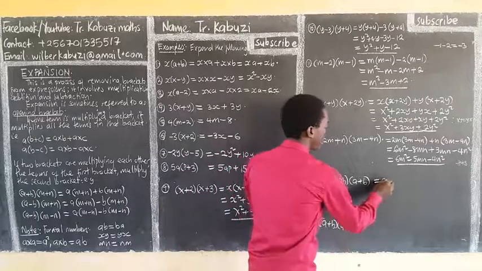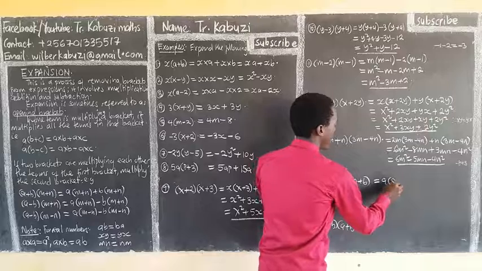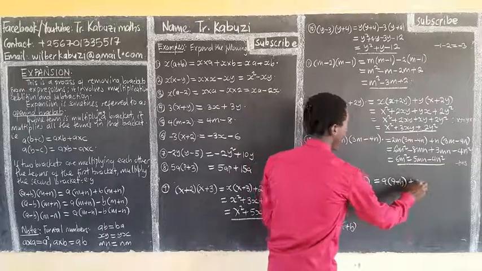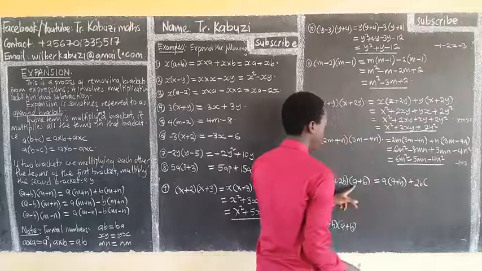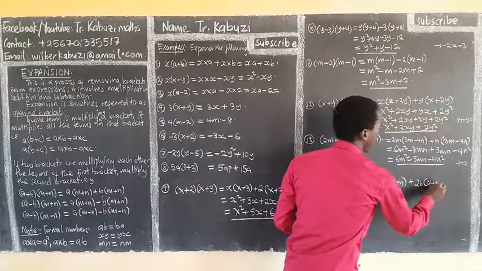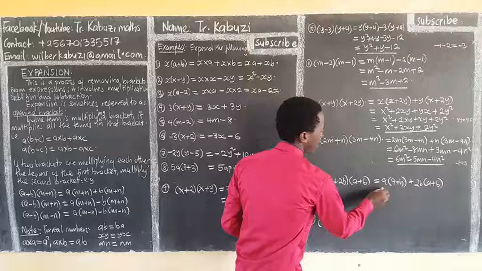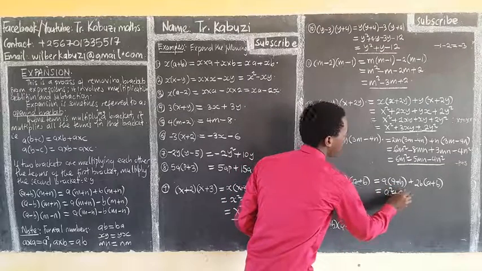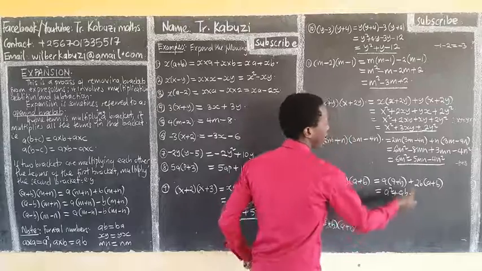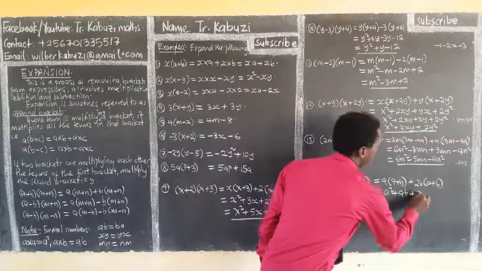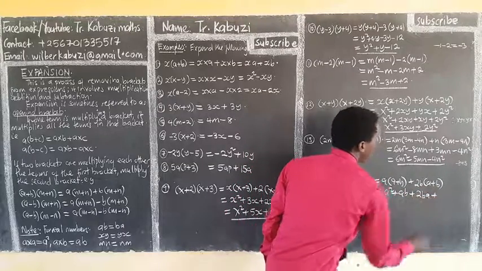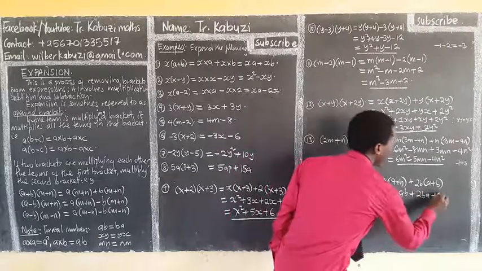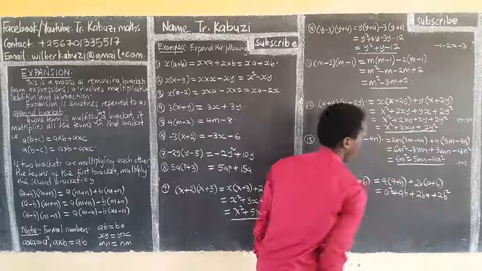When we come to this now, the same idea. The first bracket, the term a plus b. Then this with this coefficient is positive 2b into a plus b. And you multiply. This will be a squared plus a times b, we get ab, then plus 2b times a, we get 2ba, then plus 2b times b, we get 2b squared.